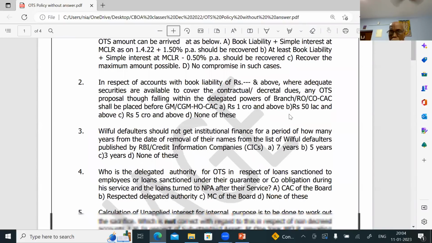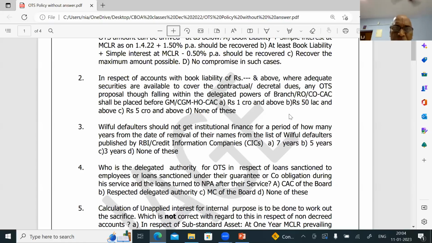Question number 2. In respect of accounts with book liability of rupees dash and above, where adequate securities are available to cover the contractual or decretal dues, any OTS proposal, though falling within the delegated powers of branch, RO, CO, CAC, shall be placed before GM, CGM, HO CAC.